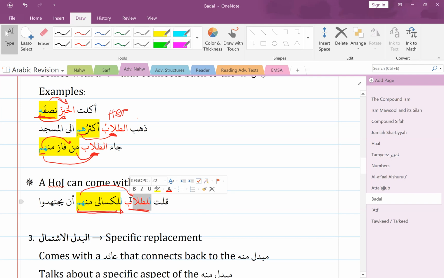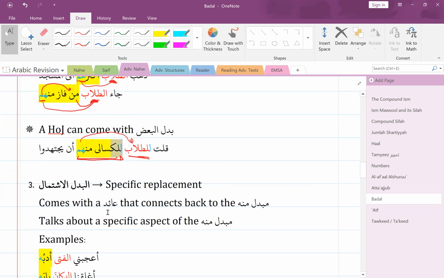And I want to replace للطلاب, so I have to bring back the lam also in the badal, because it came before. So قلت للطلاب, I can also say للكسالى منهم, to the lazy ones amongst them. I'm just repeating it because it came before. So it's just copying. Okay, hope that's clear.